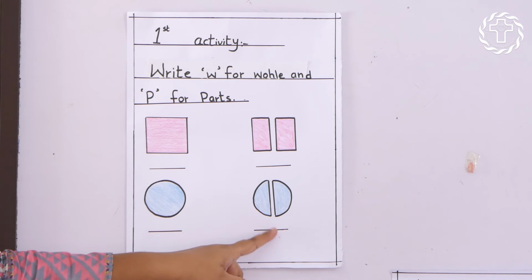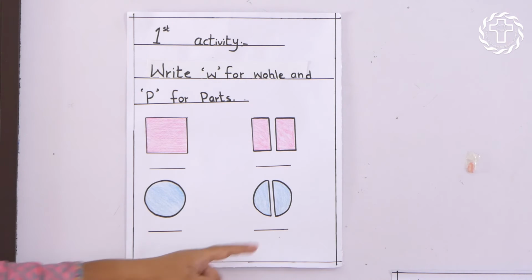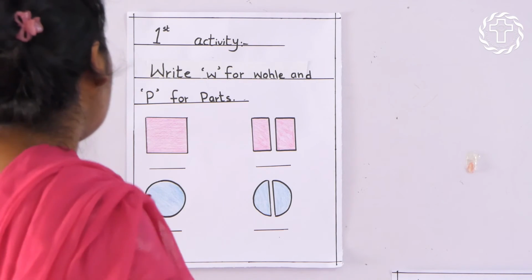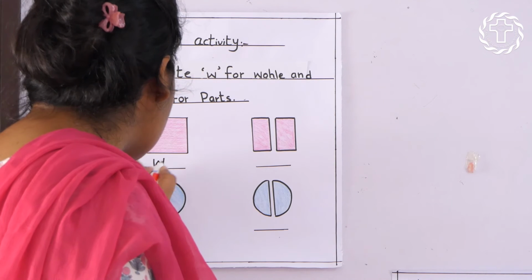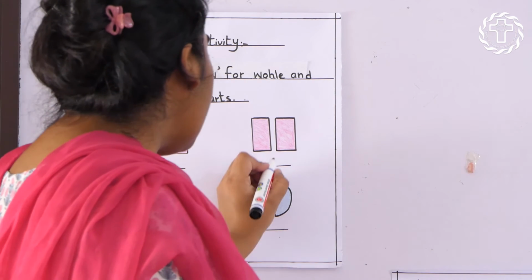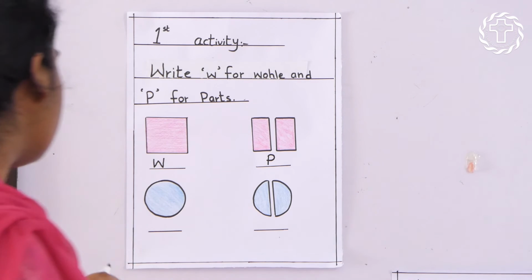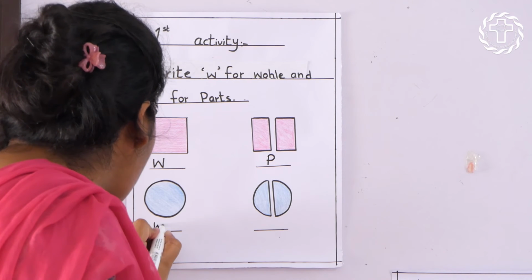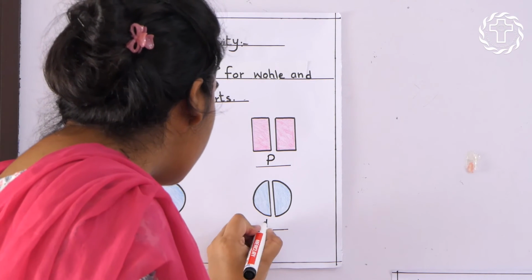This is the parts of a circle, and you have to write P over here, like this. W means whole, and P means parts, like this. W means whole and P means part.